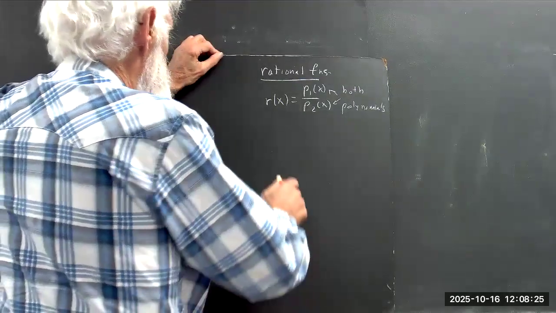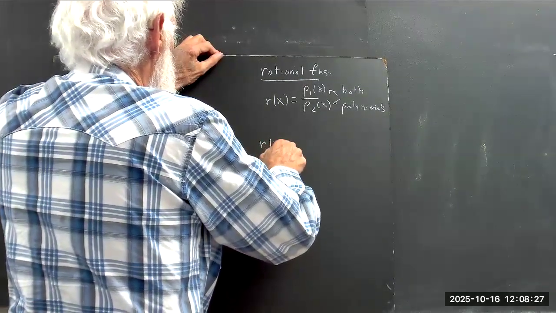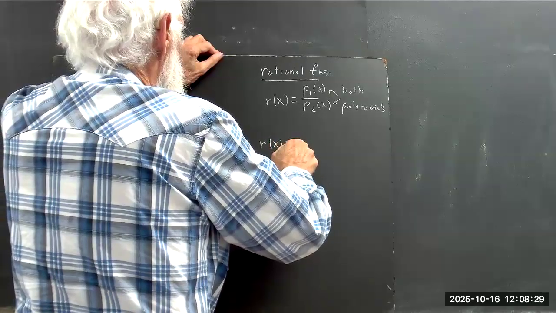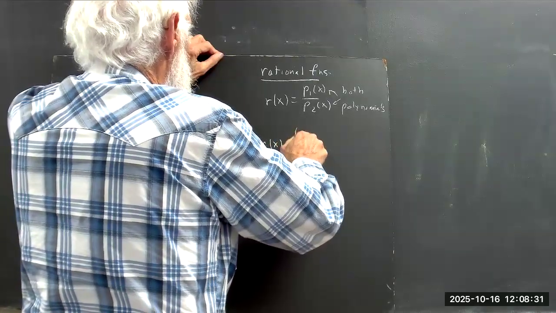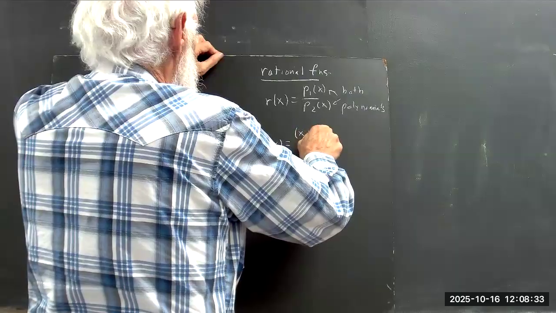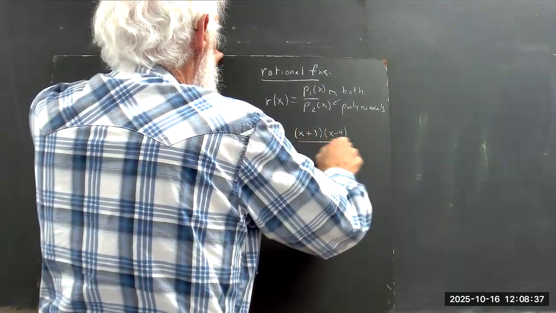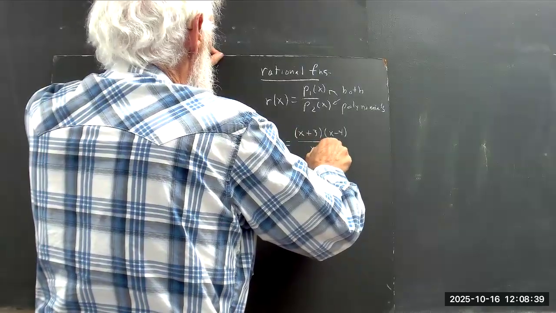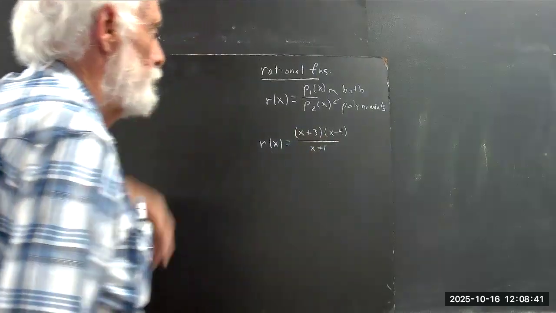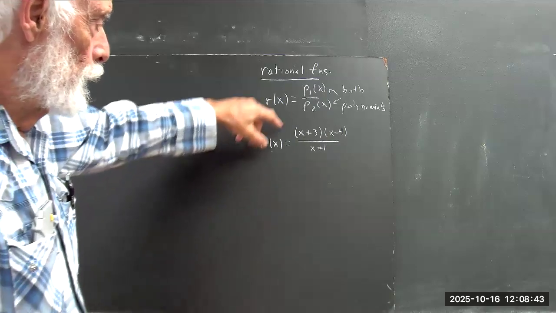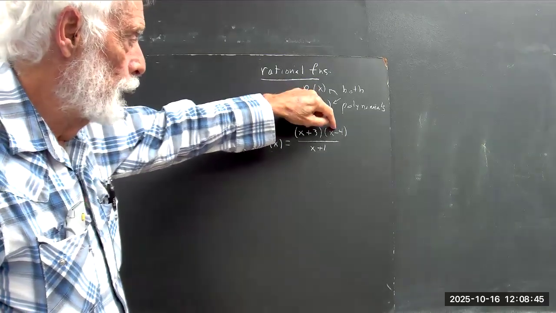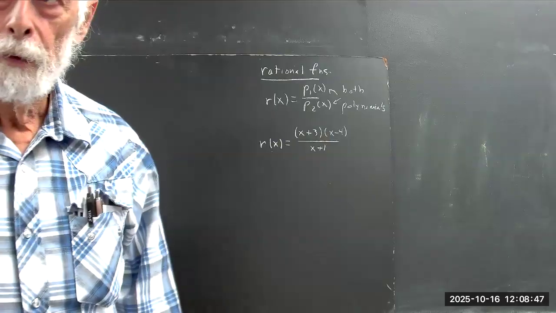I'm going to start with a pretty simple one. I'm going to start with r of x equals x plus 3 times x minus 4 over x plus 1.